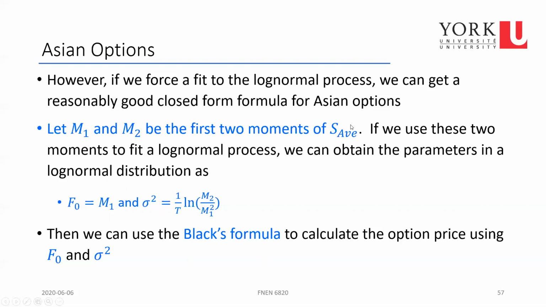So you can just assume that S average follows a log normal process, because the actual process followed by S average, this arithmetic average, is not really that far away. So if you force it as a log normal process, it wouldn't be that bad. And to do that, you want to basically fit the first two moments.